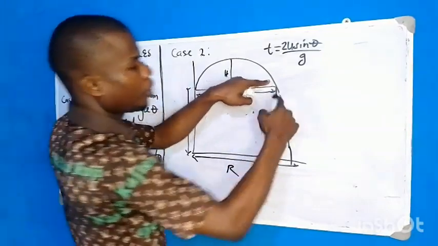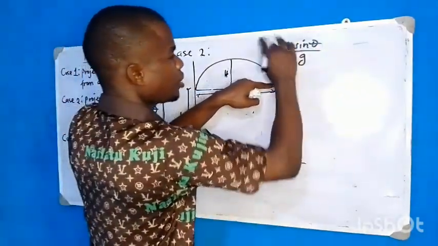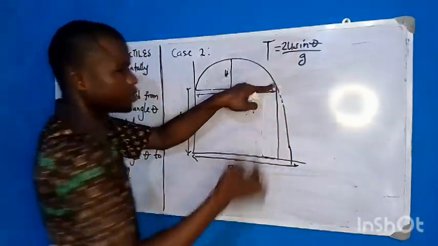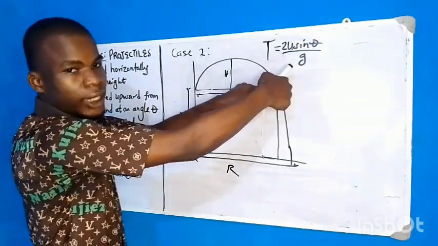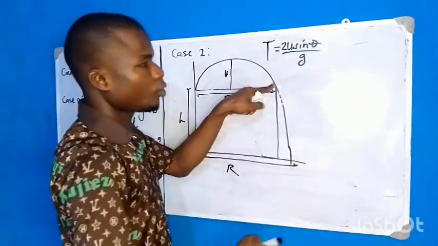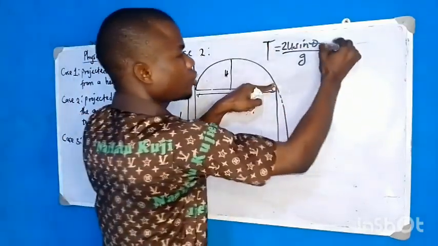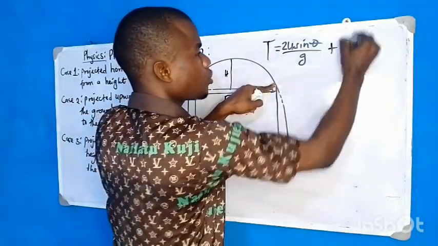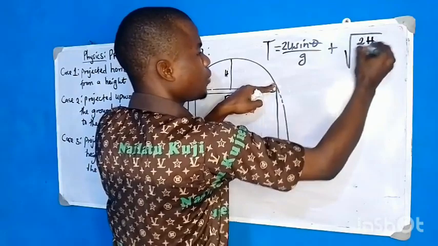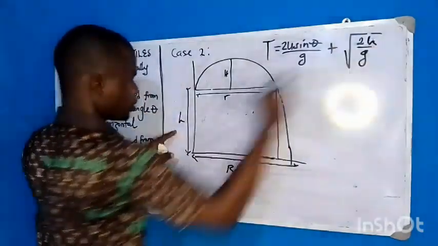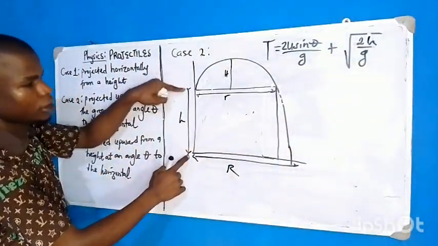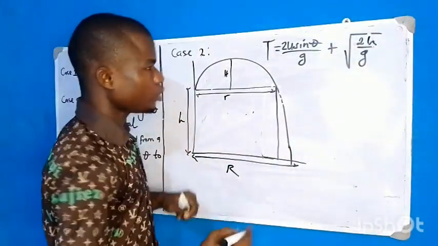That's your time to reach here, so for our time of flight, let's use capital T. And the time for this other part is just like case 1, so we add the square root of 2h over g. This h is for this other part, from here to here. Are we together? I hope you get that.